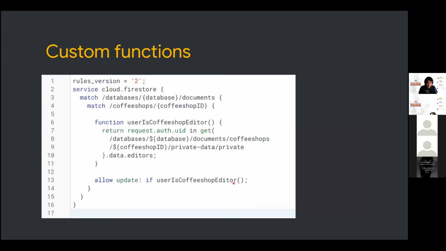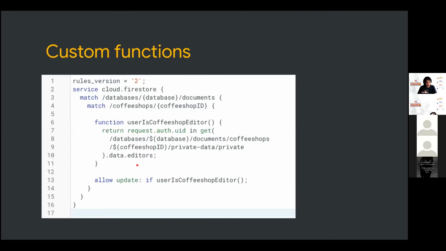One is that it allows us to give a name to the logic that we are trying to perform. Reading code like request.auth.uid is in editors still makes you think, okay, what is this trying to do? However, reading userIsCoffeeShopEditor is easy to understand. Later on, after 3 months, when we visit our project again, it will be easy for us to remember what we are trying to check here.